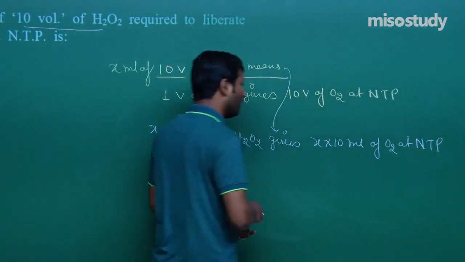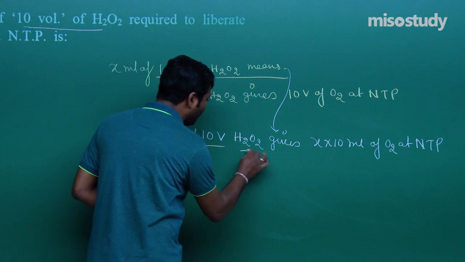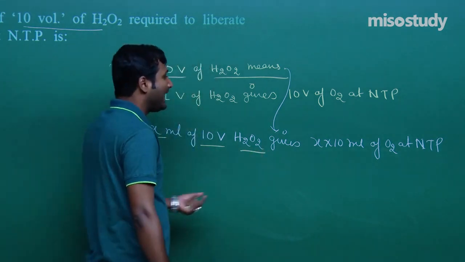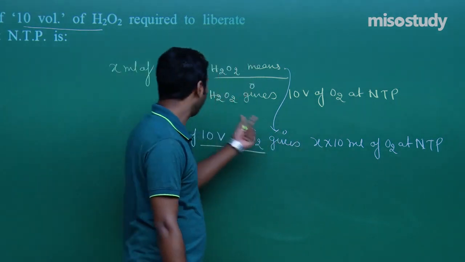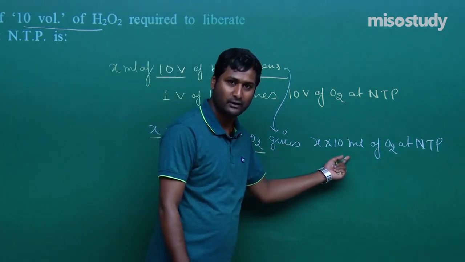Am I right or wrong? Sir, now you are right. What I have written: X ml of 10 volume H2O2 gives X into 10. If I write here Y, then what will happen? 10 into Y. Clear to you?